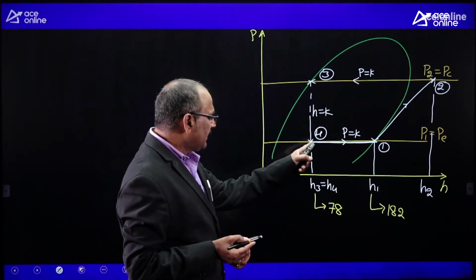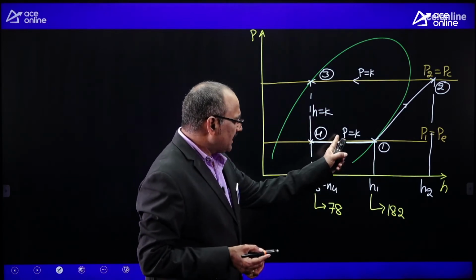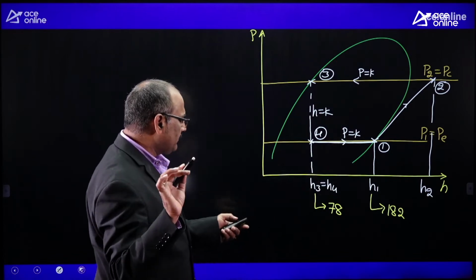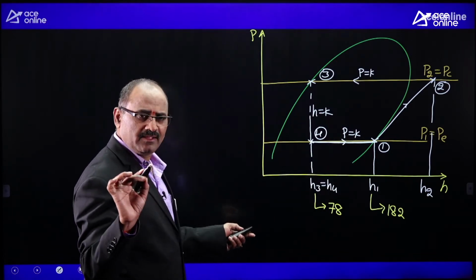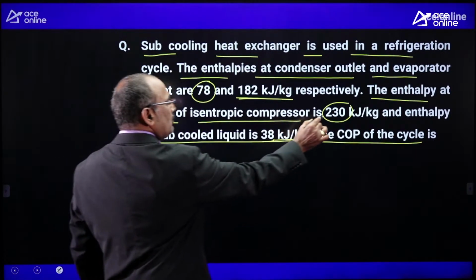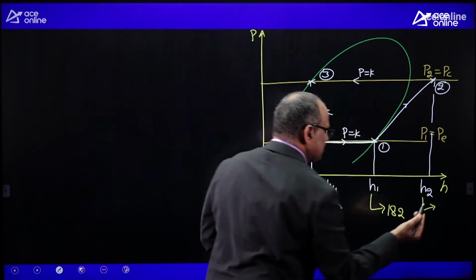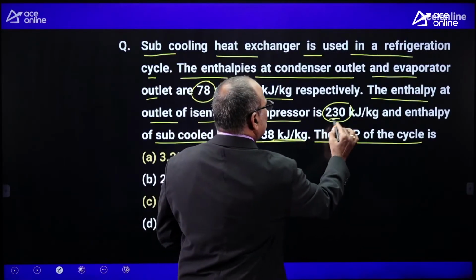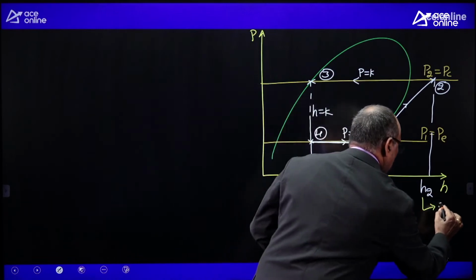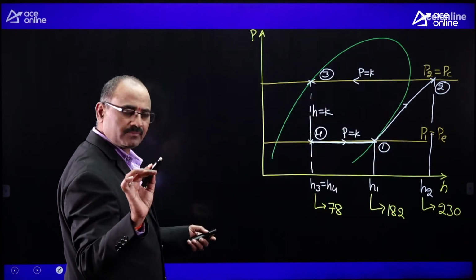That means the evaporator inlet enthalpy and evaporator outlet enthalpy are given. Similarly, the enthalpy at the outlet of isentropic compression, H2, is 230 kilojoules per kg.